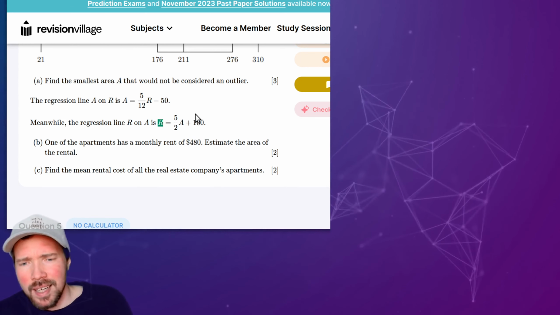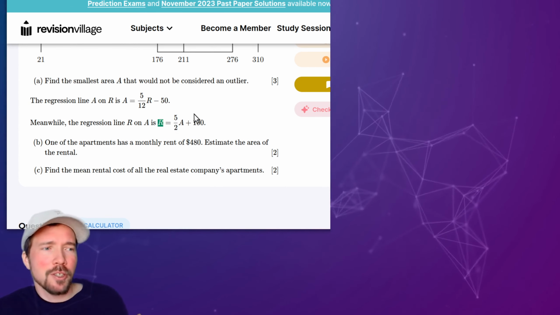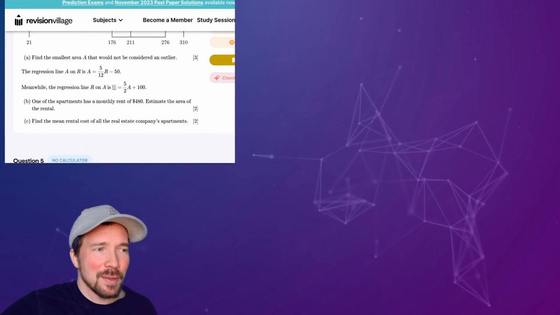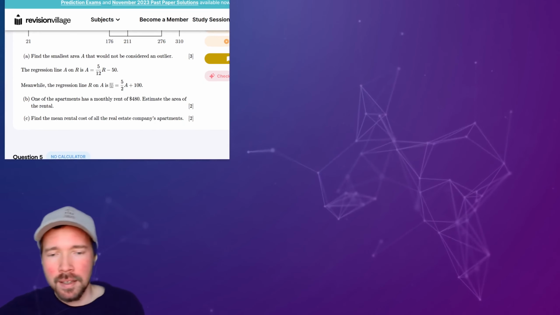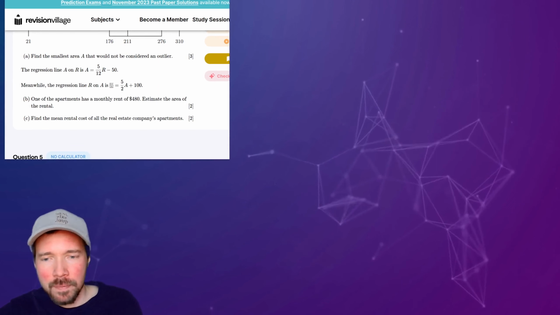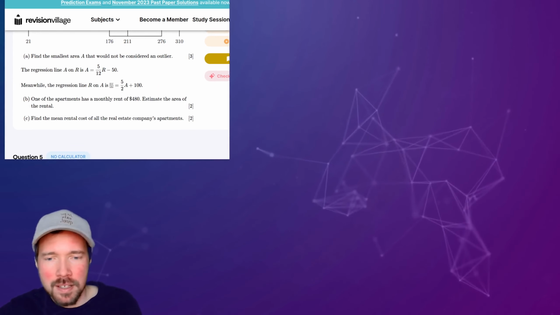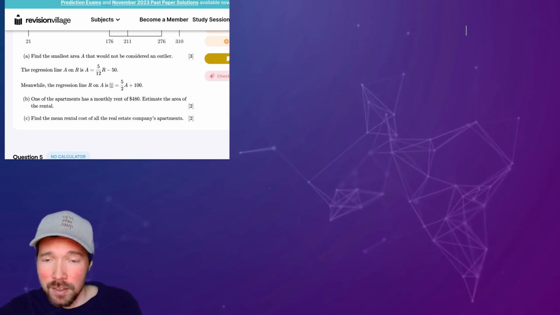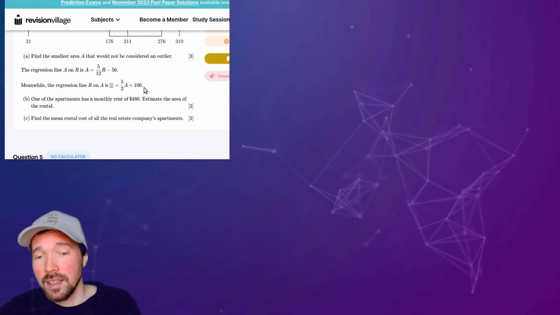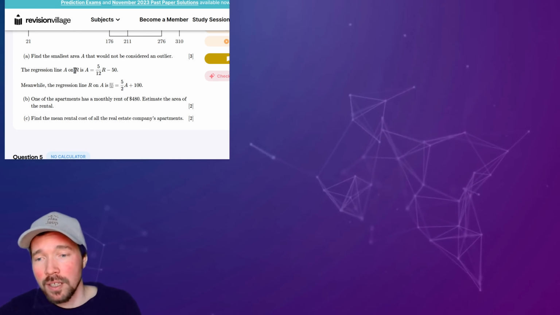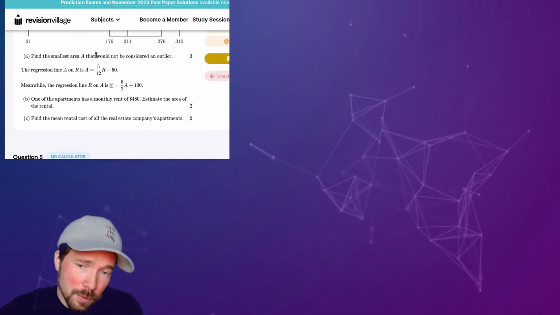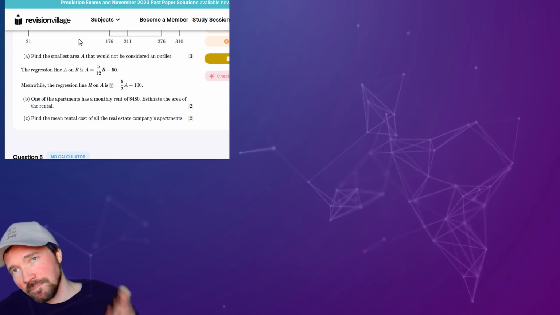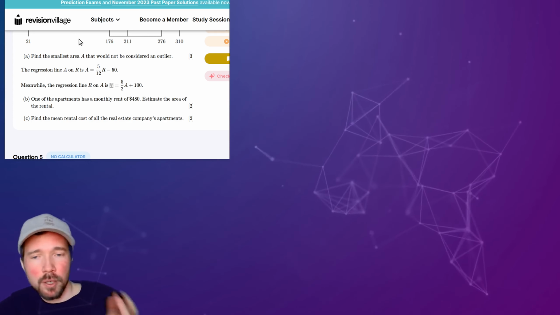These kinds of exercises are popping up a lot, especially in HL, so just, guys, memorize the fact that when you take a regression line of one variable on the other and vice versa, the intersection of these two lines gives you the means of both variables.